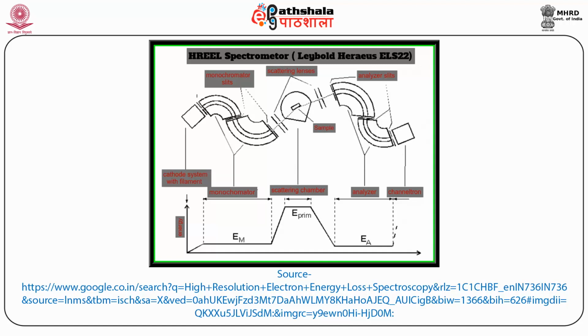The experiment is mounted in an ultra high vacuum chamber with a base pressure of about 5 times 10 raised to the power minus 11 mbar. The chamber is equipped with a sample preparation, that is what is called a sputter gun, and provides a LEED system to analyze the surface quality.